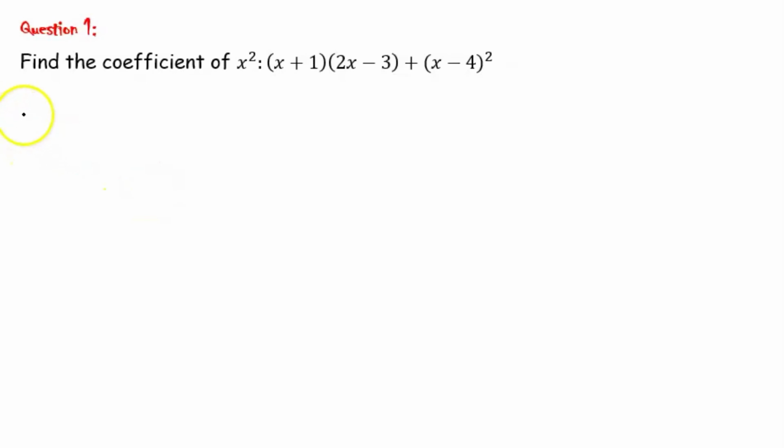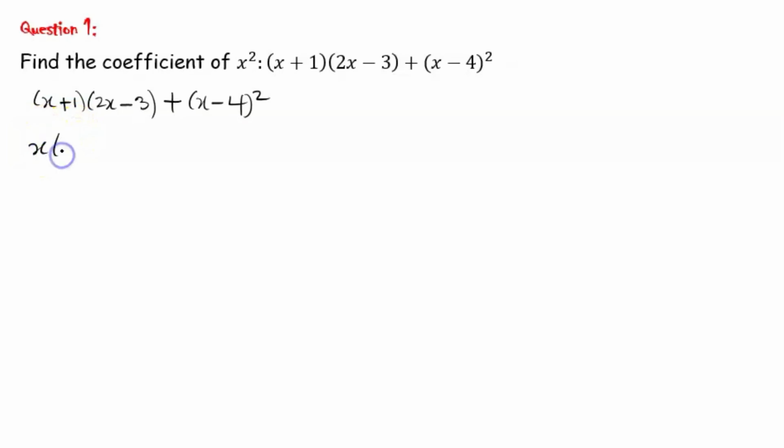In this particular example, we have x plus 1 multiplying 2x minus 3, then added to x minus 4 squared. Let's expand this.